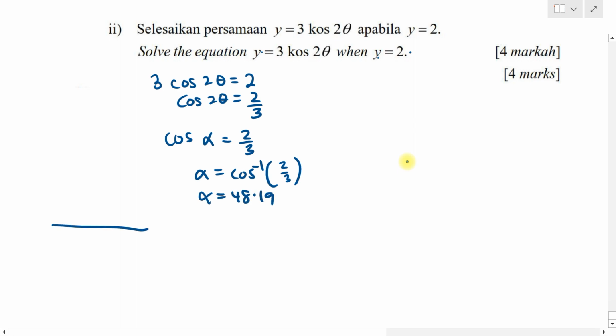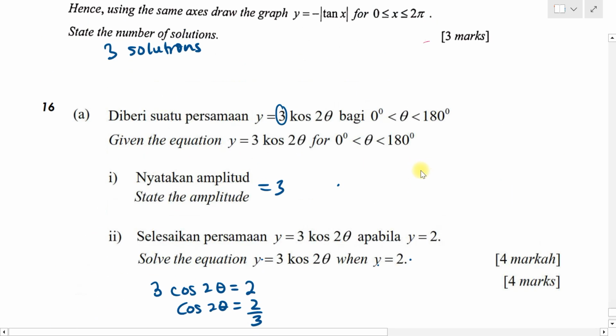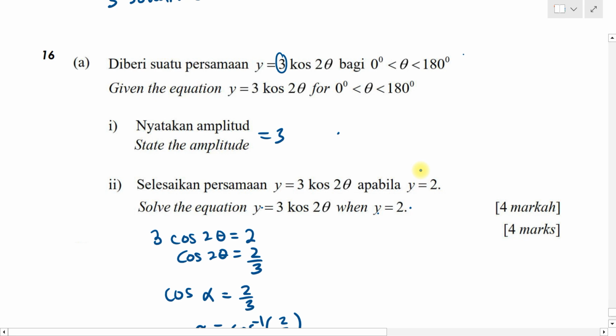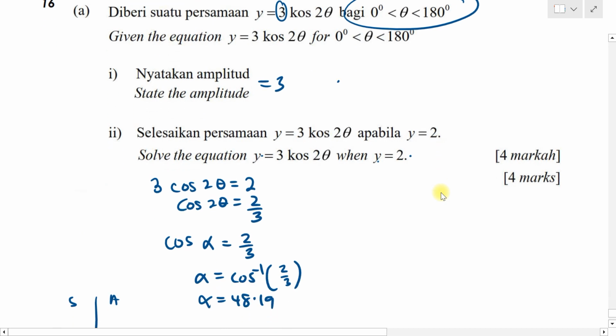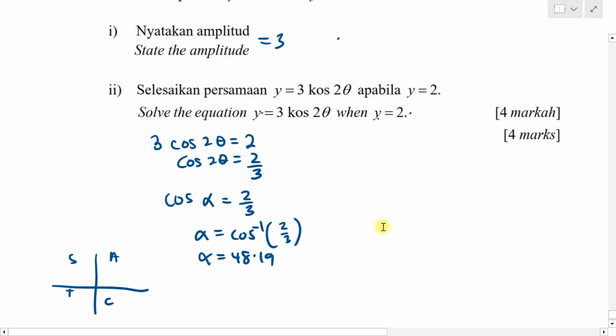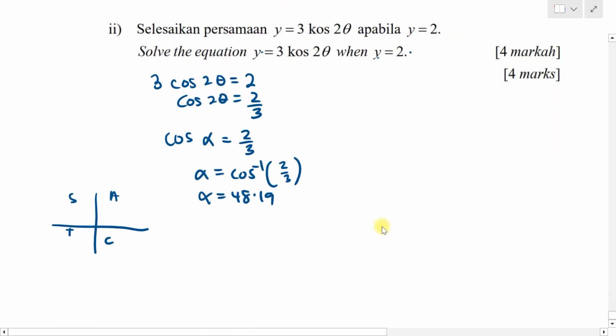But remember, add sugar to coffee. They want 0 to 180 only, so beware of the answers. It is only 0 to 180 degrees. Never mind, you do as usual, later we can cancel out any answer that is not in the range.